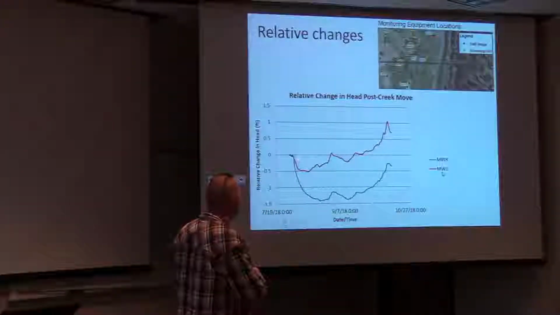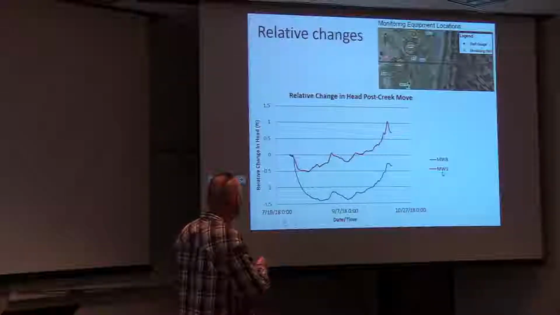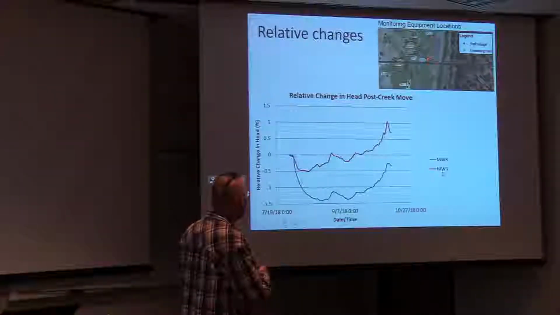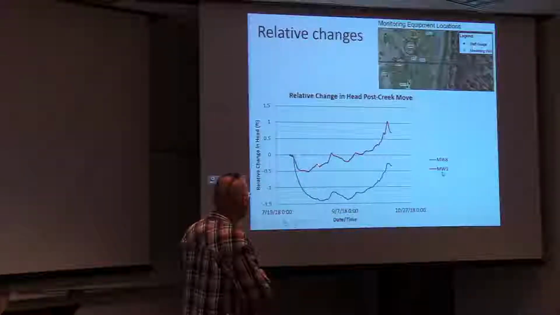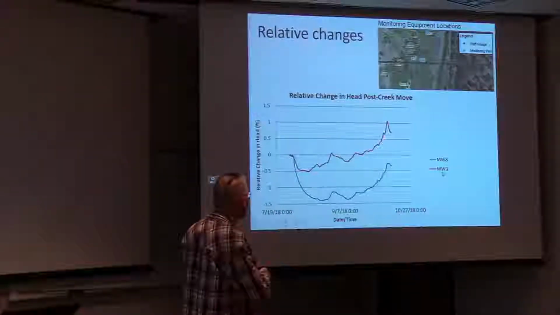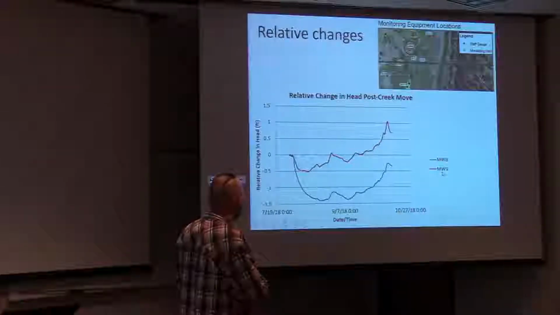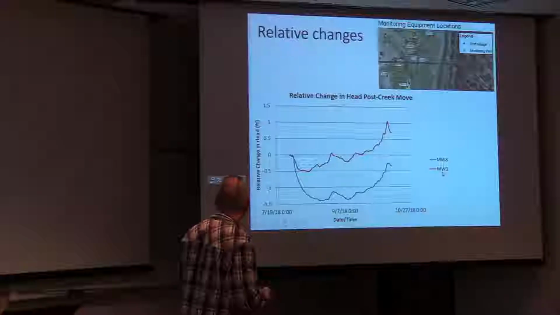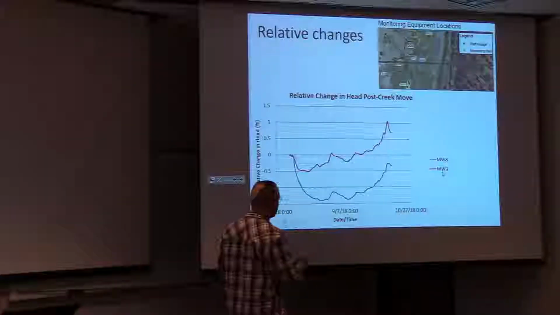You can see that more volumetric water flow was nearer to MW9, and MW9 constantly has a higher head. And there's a pretty big decline, more than a foot, at MW8.